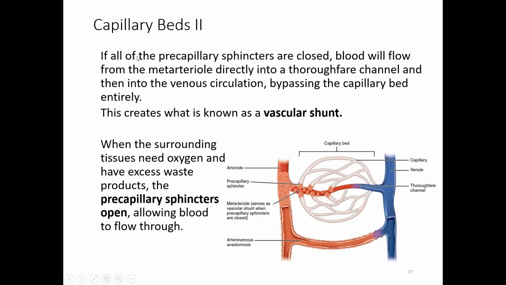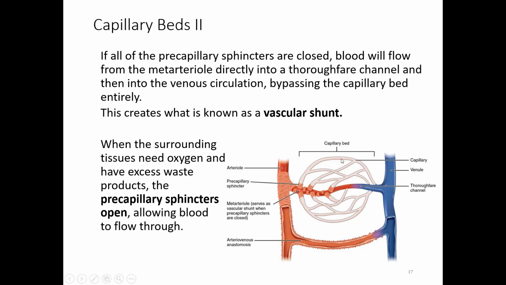What else about capillary beds? If all of those precapillary sphincters are closed, the blood goes only through the metarteriole and through the thoroughfare channel and doesn't go into the capillaries, and in this case the organ doesn't receive a lot of blood and it's called vascular shunt. Here it is, the way of the blood.